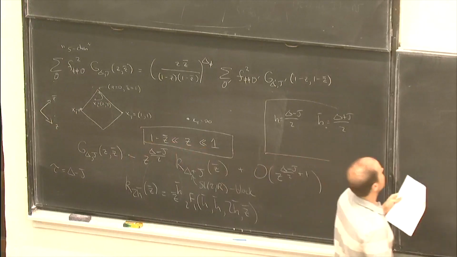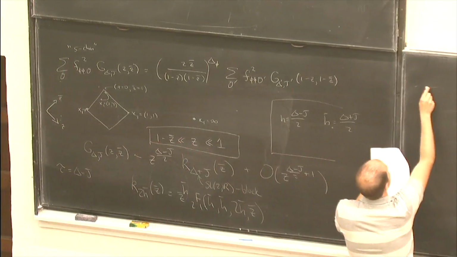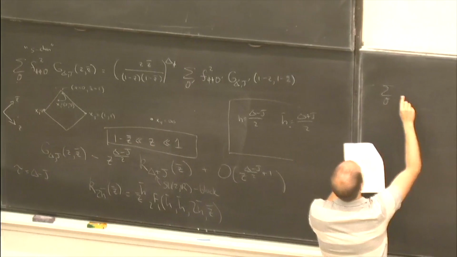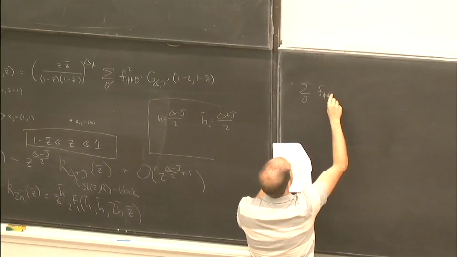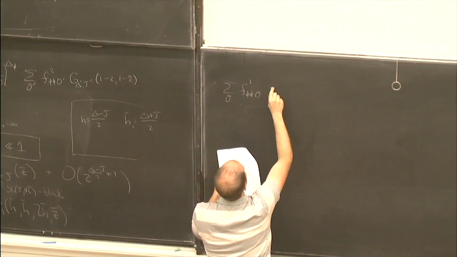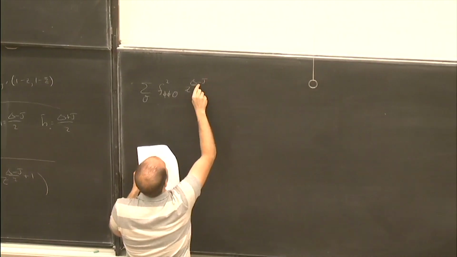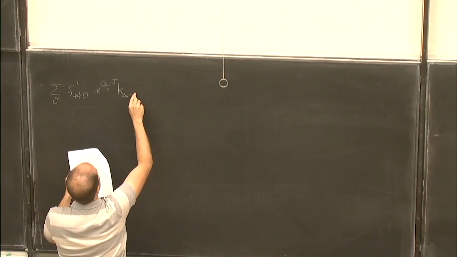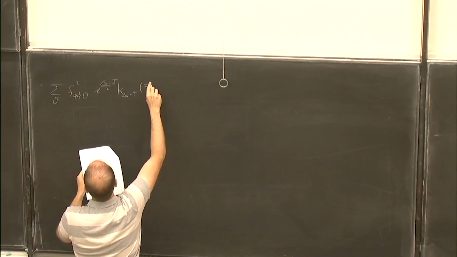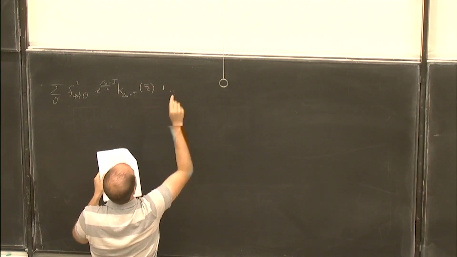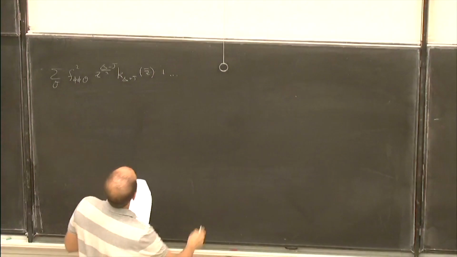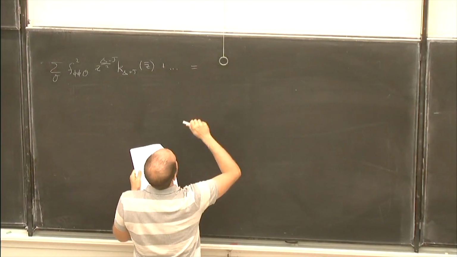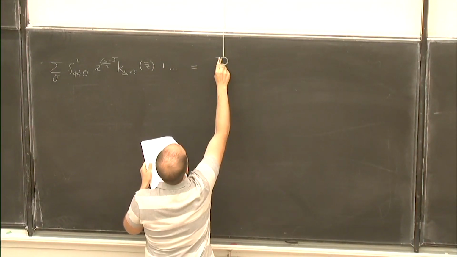So let's do that. We're going to use the Lightcone limit of the blocks to write the crossing equation in the following form. On the left-hand side, we'll use the small z behavior of the blocks. And on the right-hand side, we'll use the small 1 minus z bar behavior.